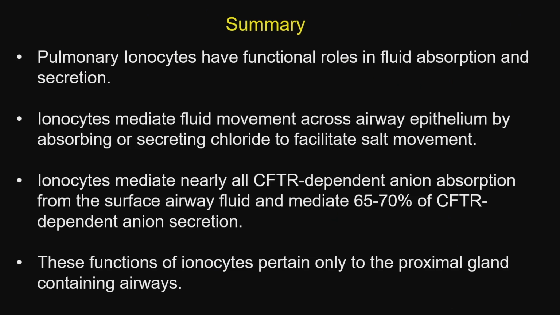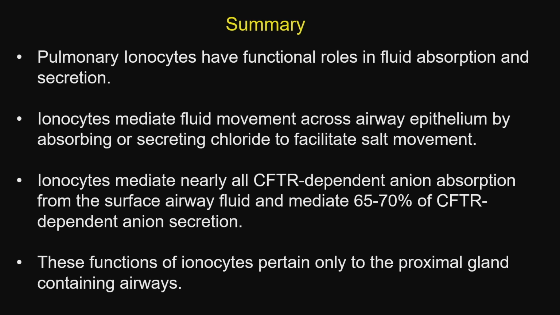So we believe that pulmonary ionocytes have functional roles in both fluid absorption and secretion. Ionocytes mediate fluid movement across the airway epithelium by both absorbing as well as secreting. And where salt goes, so does fluid. Ionocytes appear to be a gateway to rapidly move chloride under activating conditions. Doesn't mean it's the only way to move chloride. Even when you compare the absorption between CFTR knockout and FOXI1 knockout, it's slower, but it eventually dehydrates.